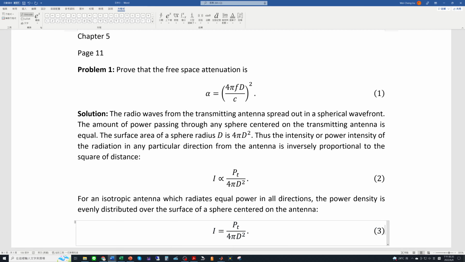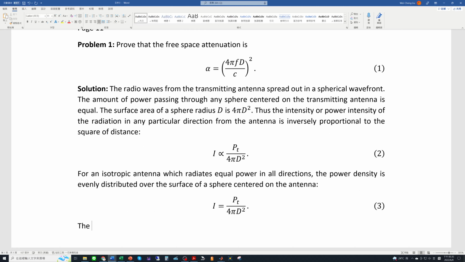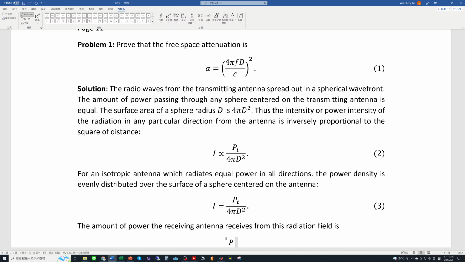The amount of power the receiving antenna receives from this radiation field is PR is equal to A_eff times I, where eff should be non-italic.